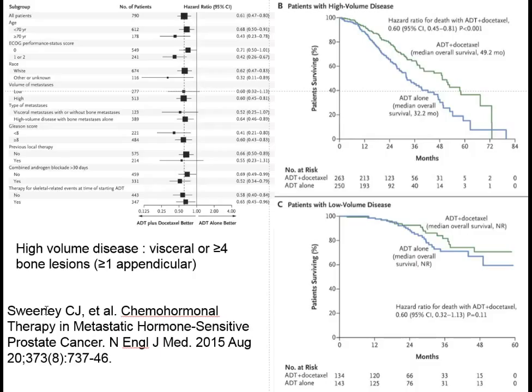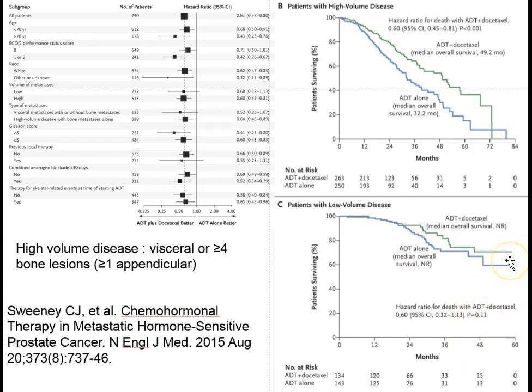If we look at this data published in the New England Journal in 2015, what we observe is that patients with high volume metastatic disease do benefit from androgen deprivation and docetaxel when they are chemo naive. If we look at low volume disease, we see that in fact, although the hazard ratio is similar, there is no separation of these curves at 5 years.